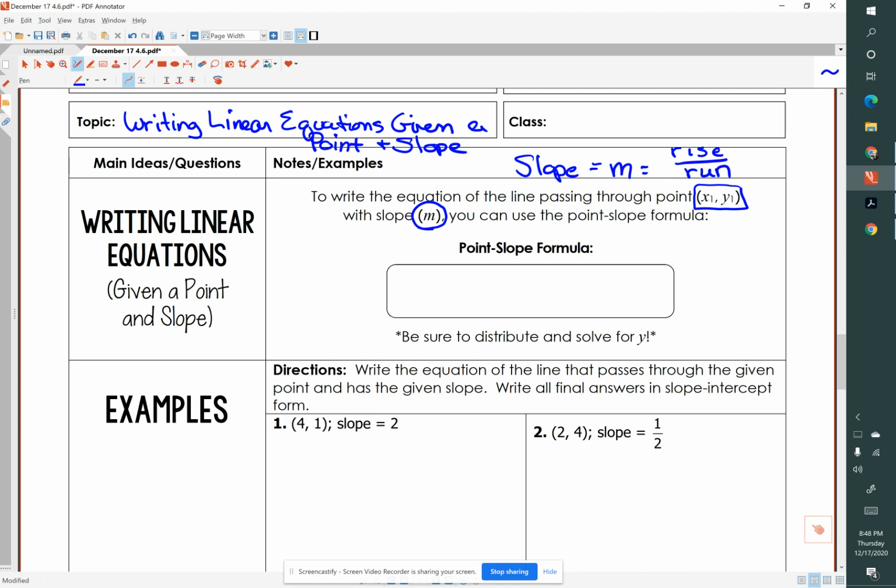The point slope formula is y minus y1 equals m times the quantity of x minus x1. So I want you to think of, let me get the highlighter here, this x1 and y1 as the point that you are given.